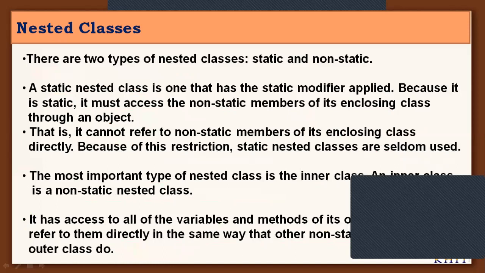And coming to here, there are two types of nested classes: static and non-static. A static nested class is one that has the static modifier applied. Because it is static, we must define this nested class using the static keyword. It must access non-static members of its enclosing class through an object.